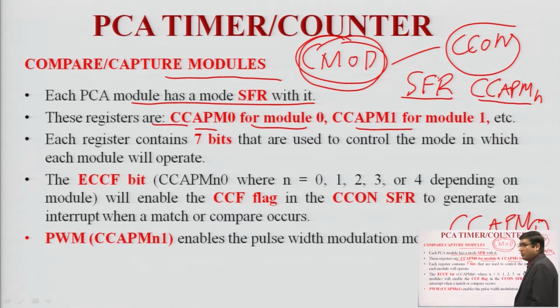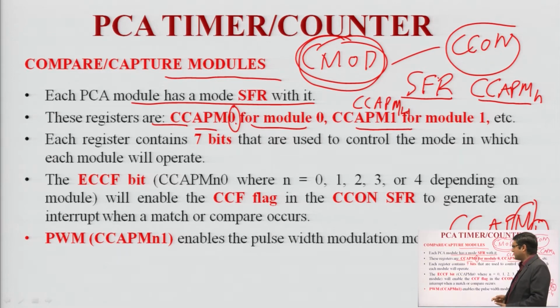It has 5 modules of operation, as we have seen, and M represents the particular mode of operation. It may be rising or falling edge capture, it may be PWM mode, it may be high speed output toggle mode, and it may be software timer mode. So, CCAPM0 represents the module 0 operation, and similarly, CCAPM4 represents the module 4 operations.